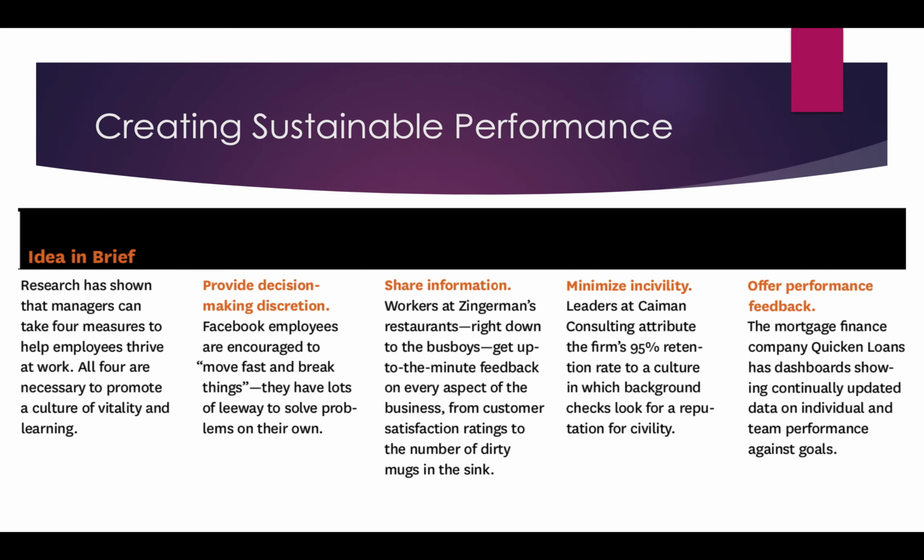The article talked about 4 conditions for thriving employees. Now, one of them is provide decision-making discretion. What's challenging about this is what happens when mistakes are made. I like that this little recap says Facebook employees are encouraged to move fast and break things. They have a lot of leeway to solve problems on their own.